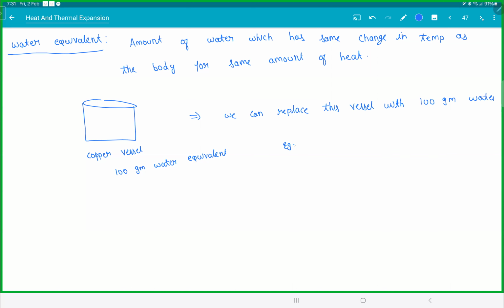Example. So now in this vessel, someone puts 250 gram water. And let's say this is 100 gram water equivalent. You can just replace this whole thing with 350 gram water and solve the problem.